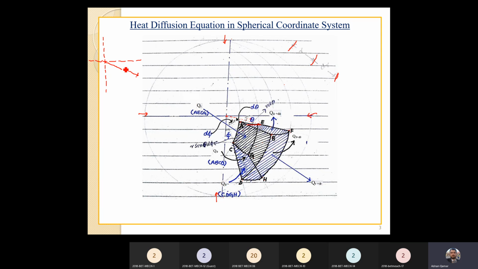This is theta, the angle of the surface. And what is the thickness of this surface? From E to A or E to B, the thickness of this surface, because this is the other line. Now what I am going to do, this is the surface basically from here to here. This is the upper surface.